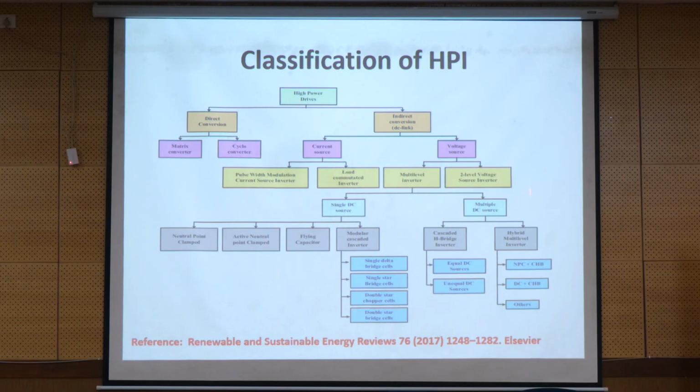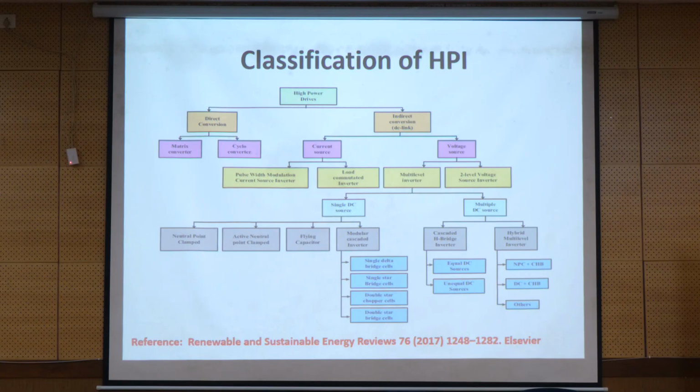This is the classification: voltage source inverter and current source inverter. How can we make a current source inverter? If a large inductive component is placed in series with the voltage source, it becomes a current source inverter.